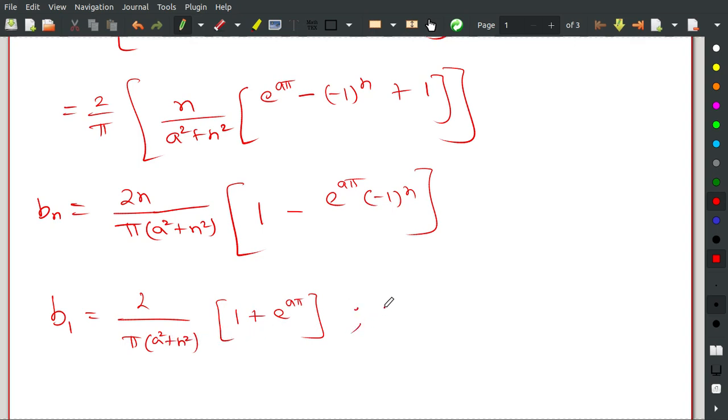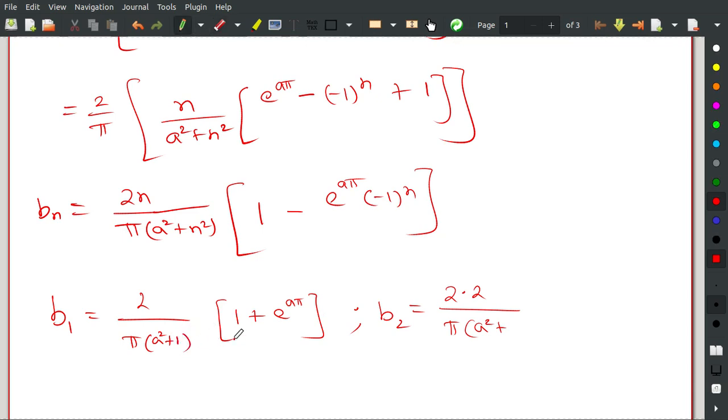Similarly we can find b2. b2 equals 2 divided by pi of a square plus, sorry, here I have to put, instead of n, I have to put 1.